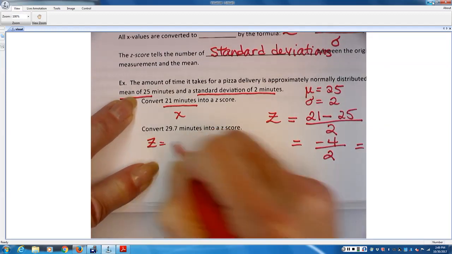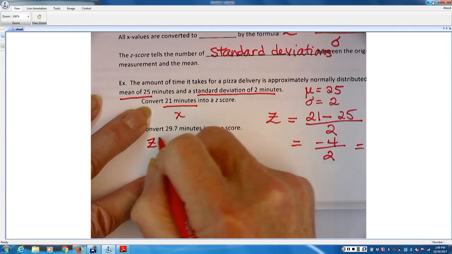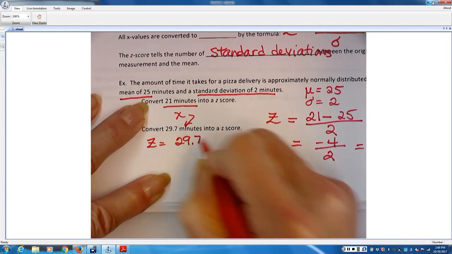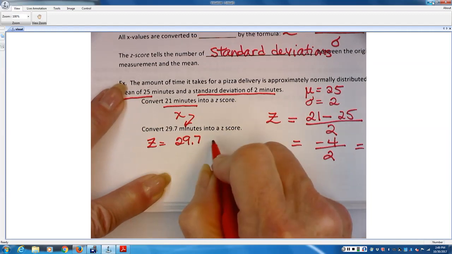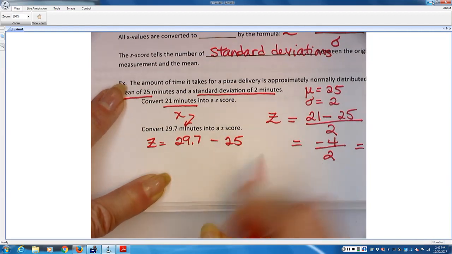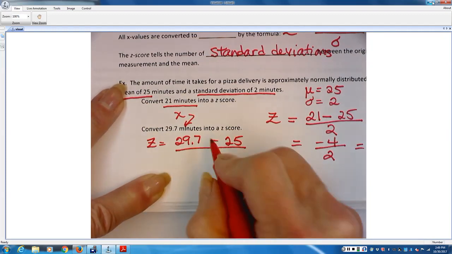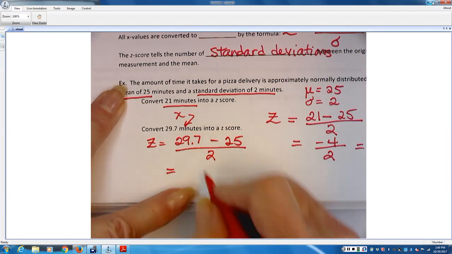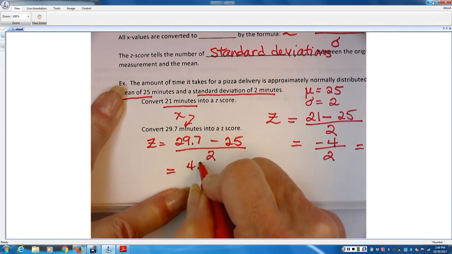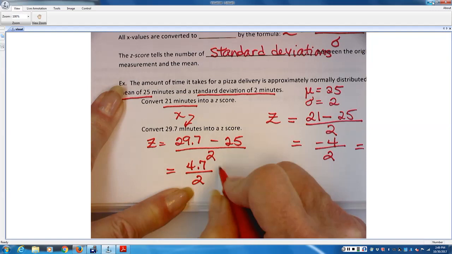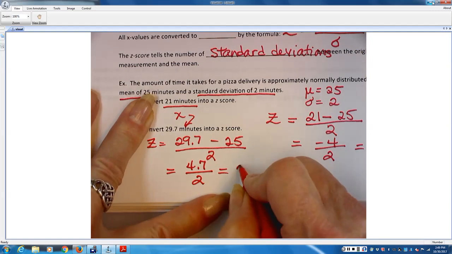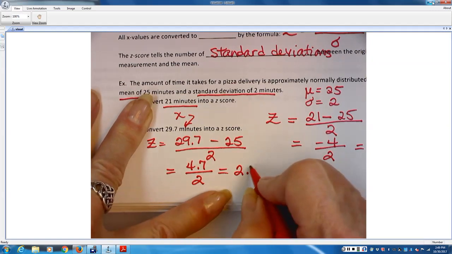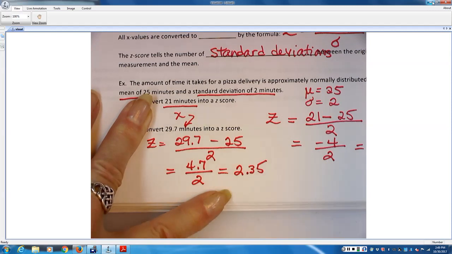The z-score for 29.7 is the x value, which is 29.7, minus the mean, which is 25, divided by the standard deviation, which is 2. 29.7 minus 25 is 4.7, divided by 2, which is 2.35.